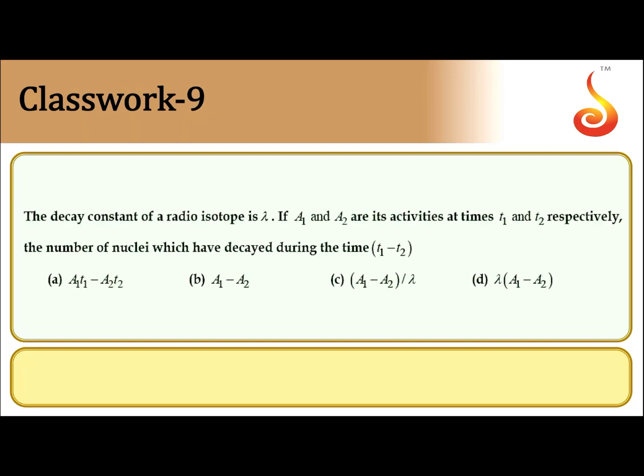Example 9. The decay constant of a radioisotope is lambda. If A1 and A2 are its activities at times T1 and T2 respectively, the number of nuclei which have decayed during the time T1 minus T2 is? So A1 is equal to lambda N1 and A2 is equal to lambda N2.